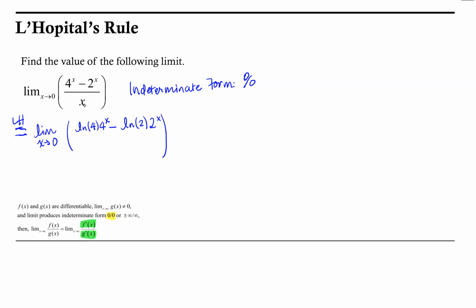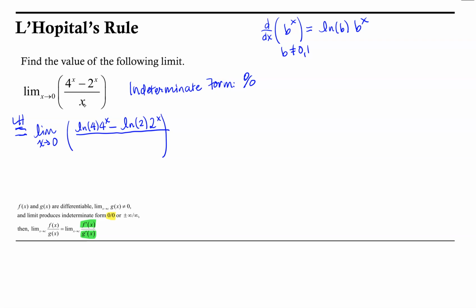Recall that the derivative with respect to x of some base to the x power, provided the base is not 0 or 1, is the natural log of b times b to the x. So we're simply applying that rule to the two terms in the numerator.